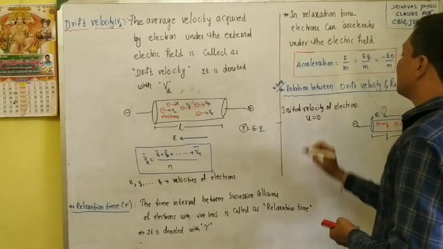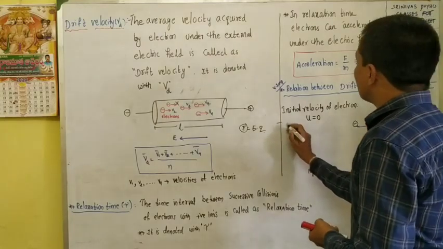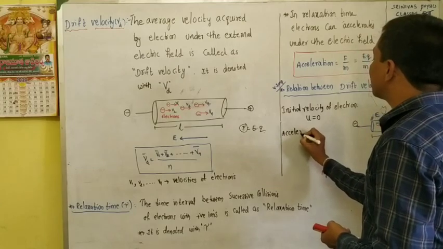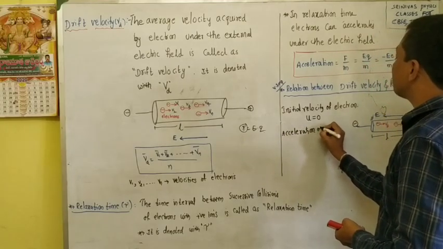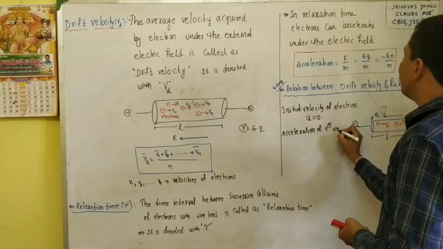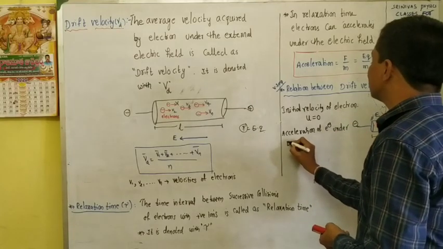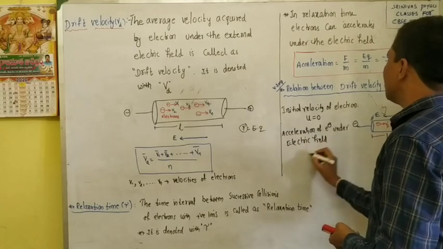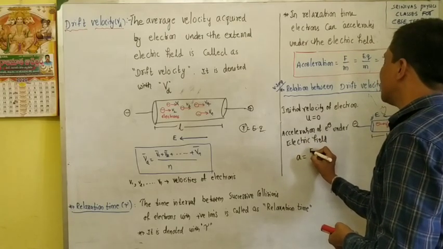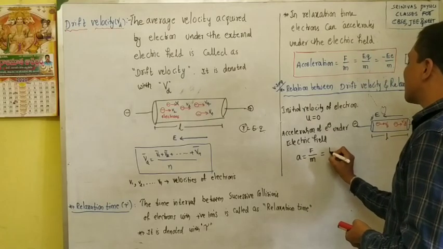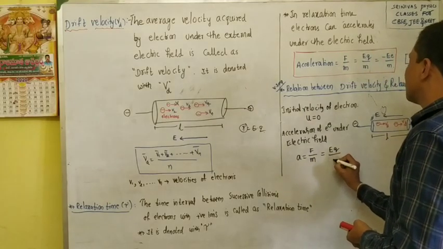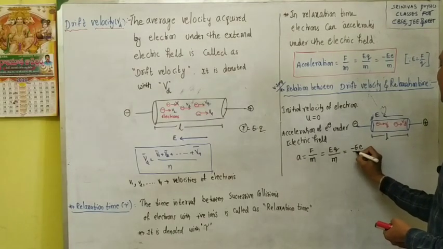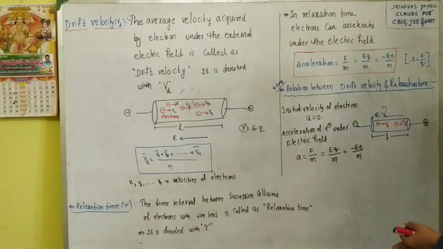Now the electron is accelerating under the electric field. What is the acceleration? Do you know already? Acceleration is force by mass, but the force is E q by m, where q is minus e. This is the acceleration of the electron.